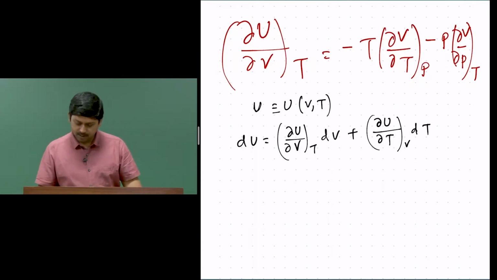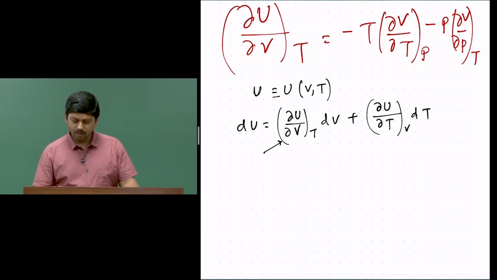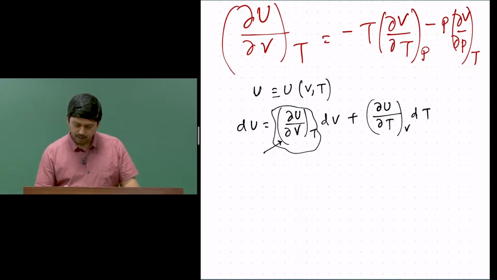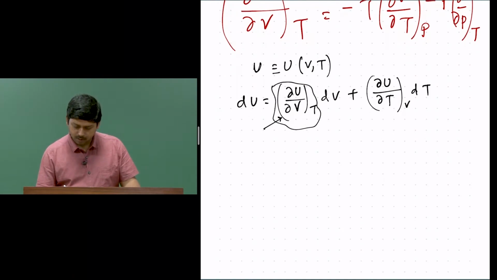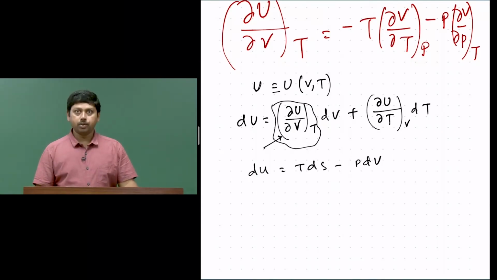Now, will that help us? No, because we only need this particular quantity, del U by del V at constant T. So, that will not help us, because we want only this thing. So, let us use our knowledge about dU. So, dU as you know is T dS minus P dV, this we know, right.